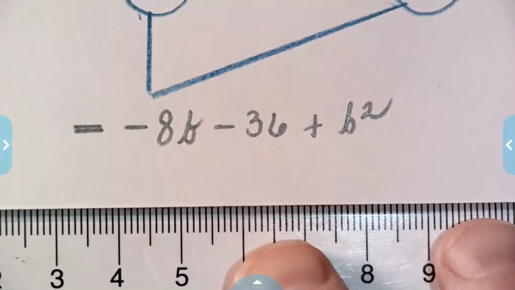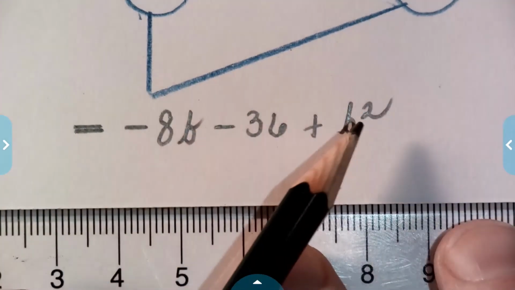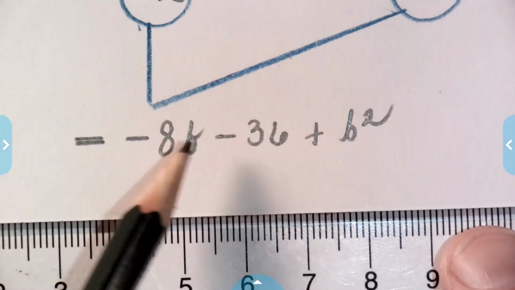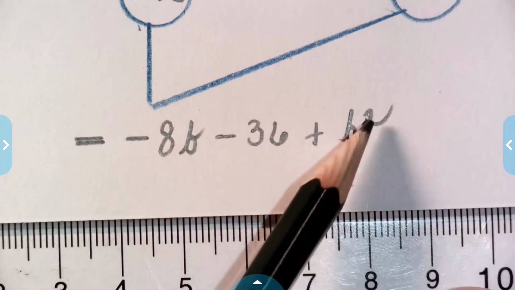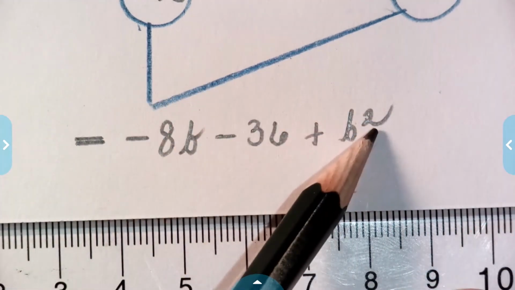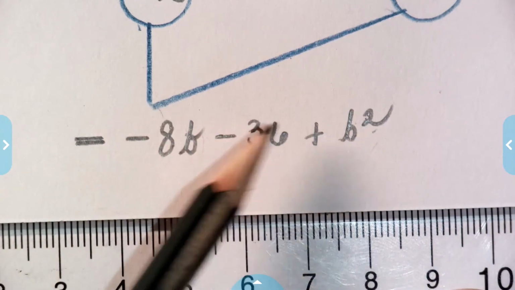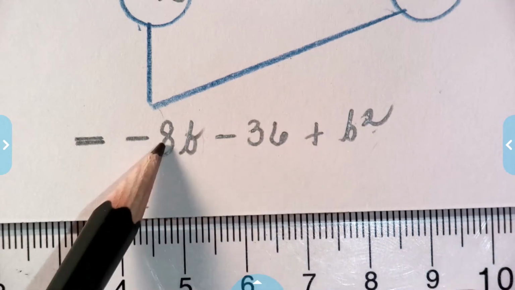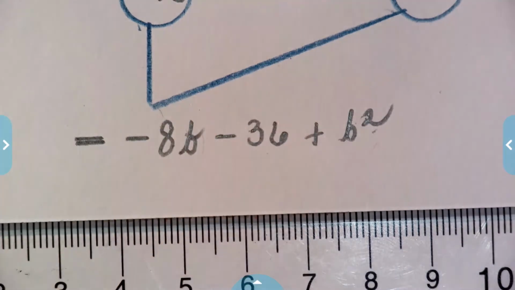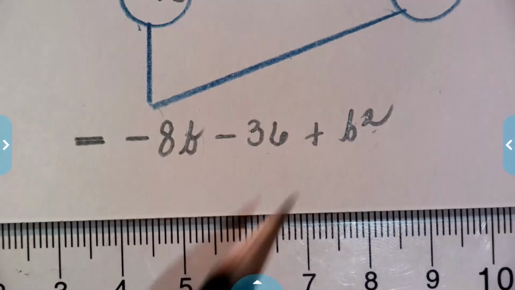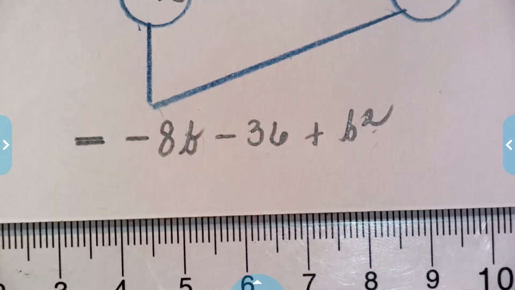Now that's an acceptable answer, but remember we'd prefer that you put the term with the squared first, then this term. By the way, this is called the quadratic term, the linear term, and the constant term. Quadratic first, linear second, constant third. Quadratic, linear, constant. 1, 2, 3.